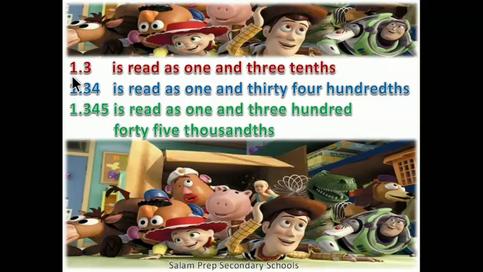We read the whole number 1 as 1. The decimal point, we read it as "and". The 3 in the decimal part is in the first place, which is called tenths. So 1.3 is read as 1 and 3 tenths.